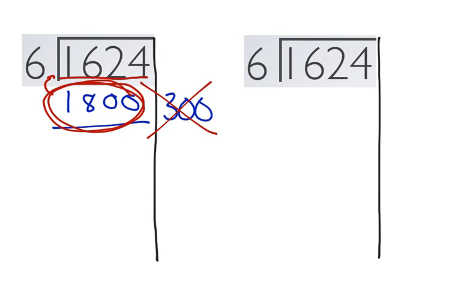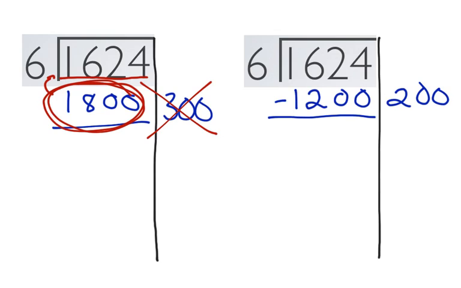Well, if 100 gave me 600, well then 200 would give me 1,200. That's pretty close. That leaves me with 424 left. And I see a number that really works well with 6. Do you see it down there, the 4 and the 2?